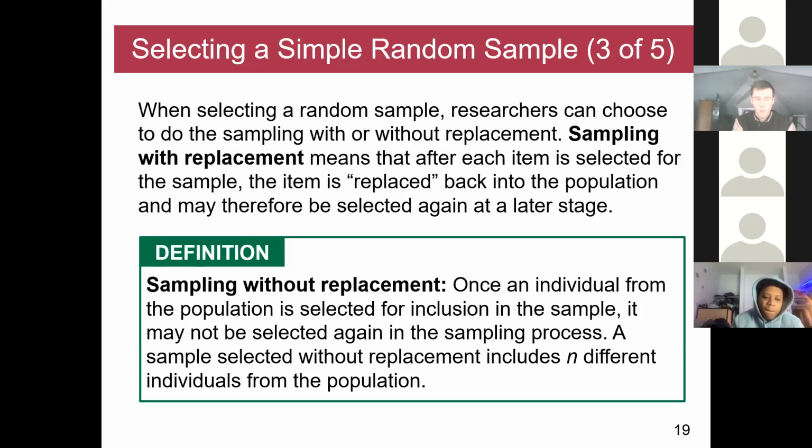Now, there's two different ways of sampling in general, and this is very important. This is again a very possible definition that could be tested. One is called sampling with replacement, and the other is called sampling without replacement.